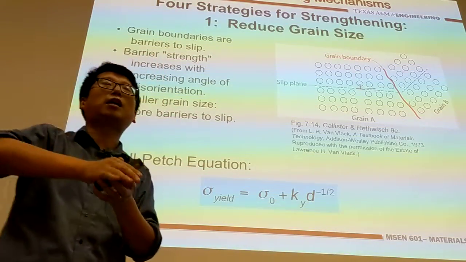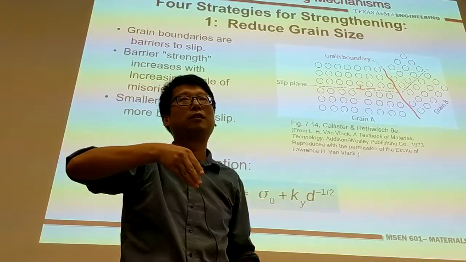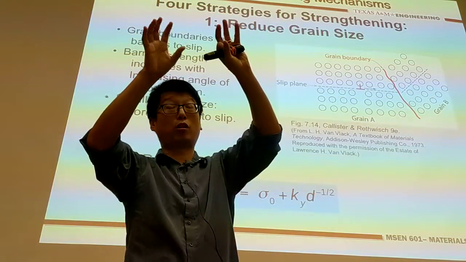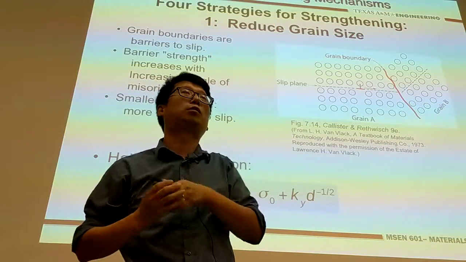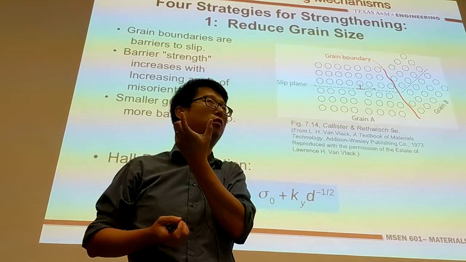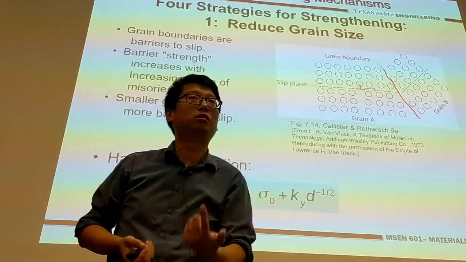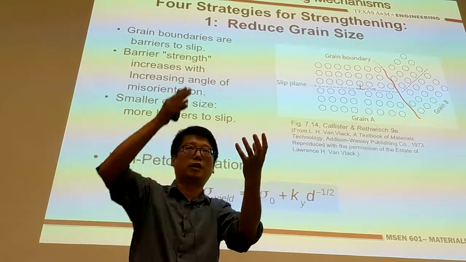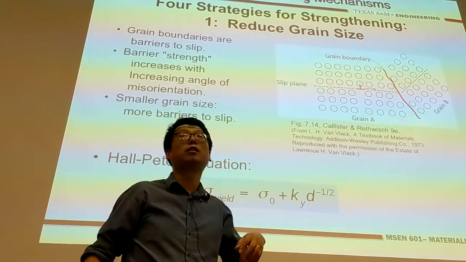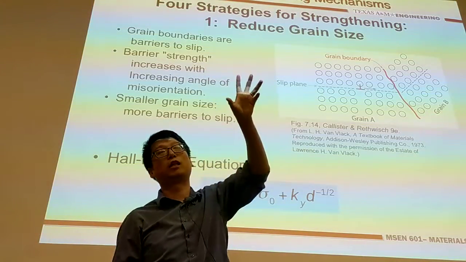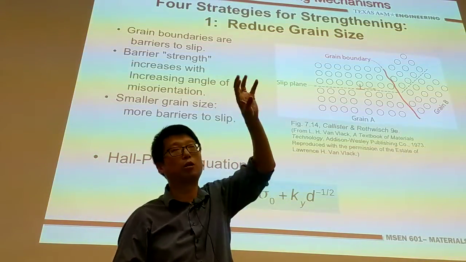But if I cut them into many pieces and then reorient them, and form a lot of grain boundaries, then the corresponding grain size will reduce or increase? Reduce, right? If you reduce, at the same time you create a lot of grain boundaries, a lot of barriers. And if you further cut them, and then rotate them, you create even more.